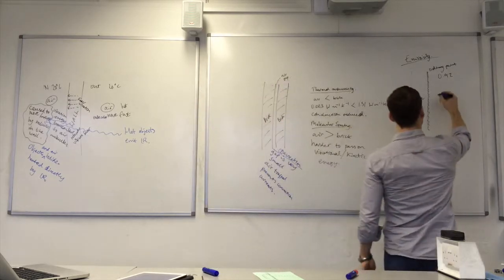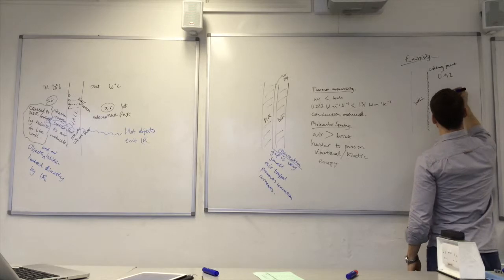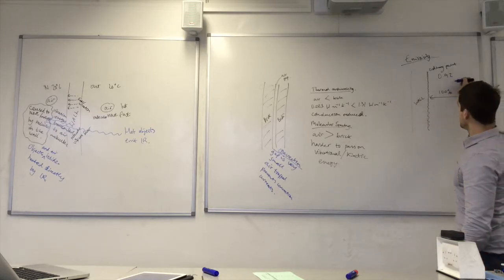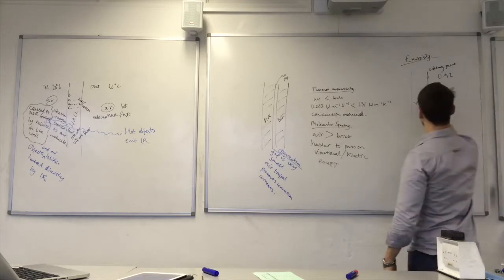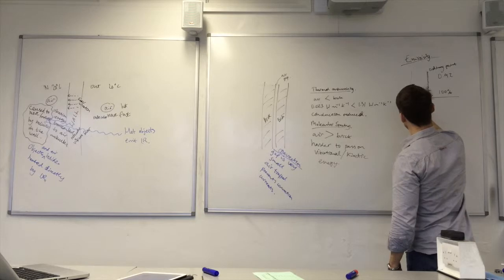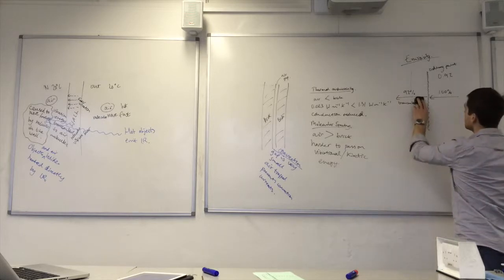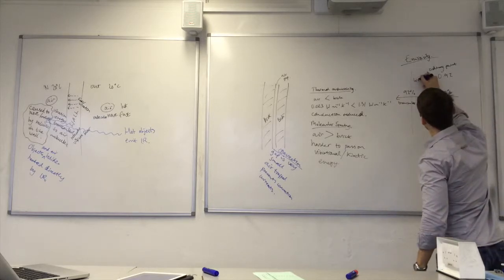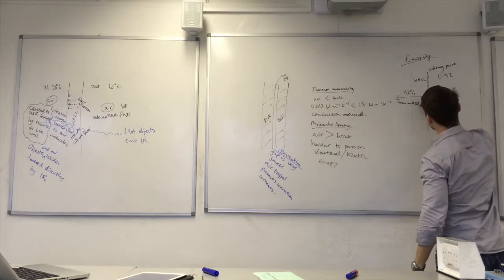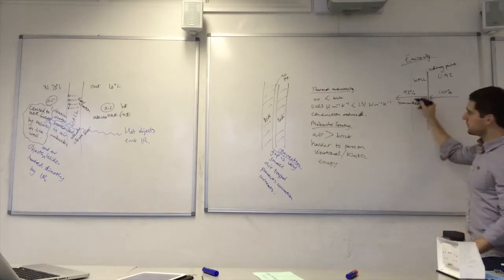So if we have 100% coming in, this tells me that 92% will go through. This is transmitted. Let's just write that there. 92% is transmitted through the wall.